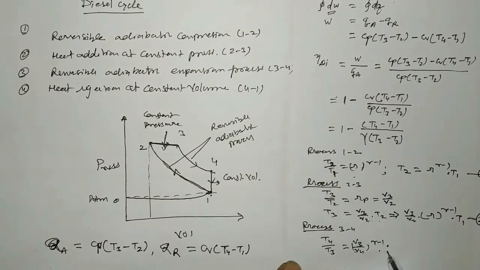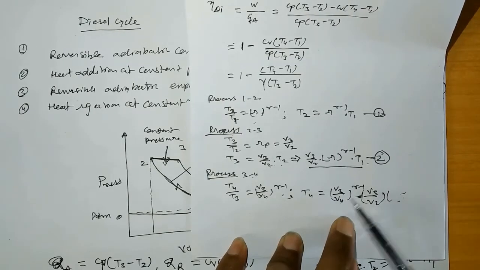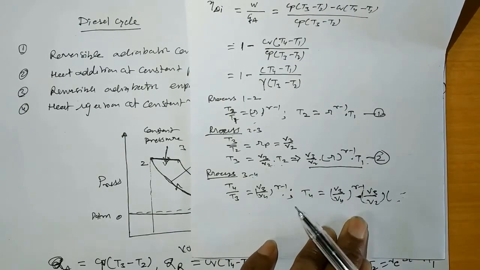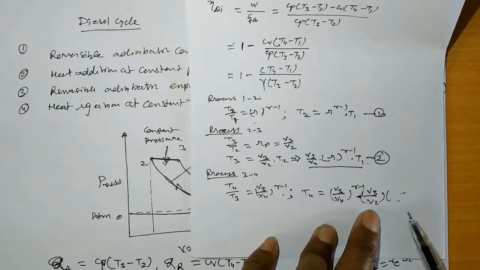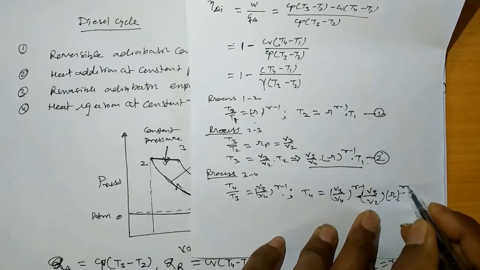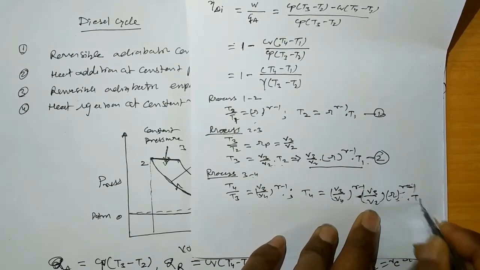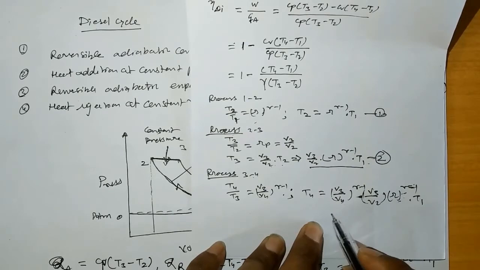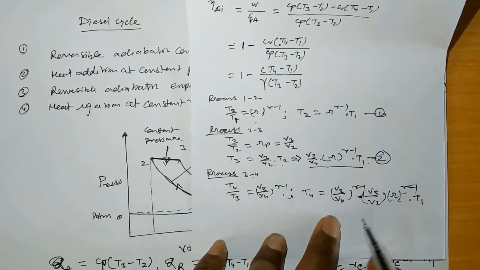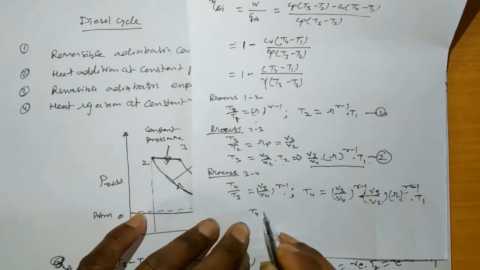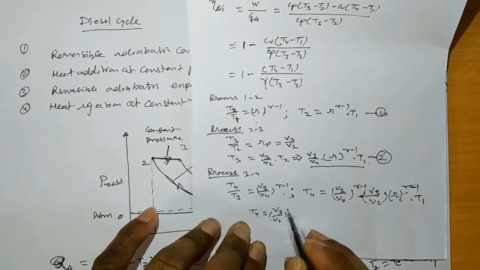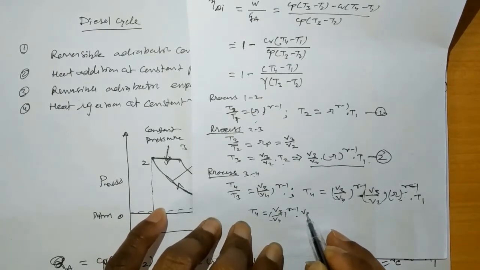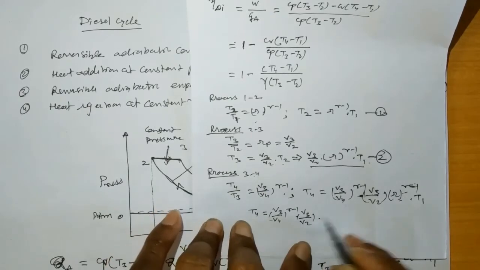So T4 is equal to V3 by V4 power gamma minus 1, and the value of T3 from equation number 2 is V3 by V2 into R power gamma minus 1 into T1. Now resolving these values, what we will get? T4 equals V3 by V4 power gamma minus 1 into V3 by V2 into R.